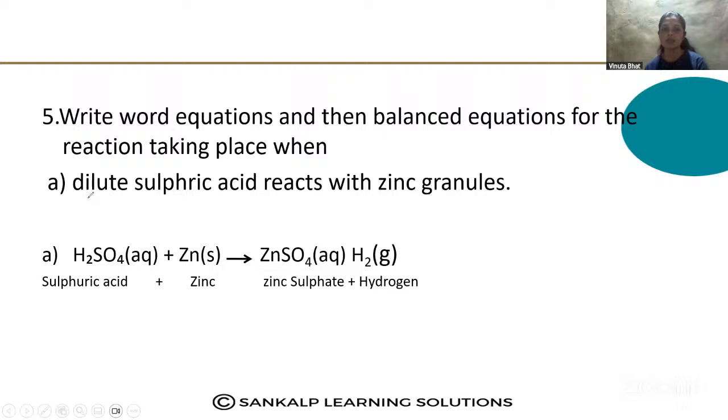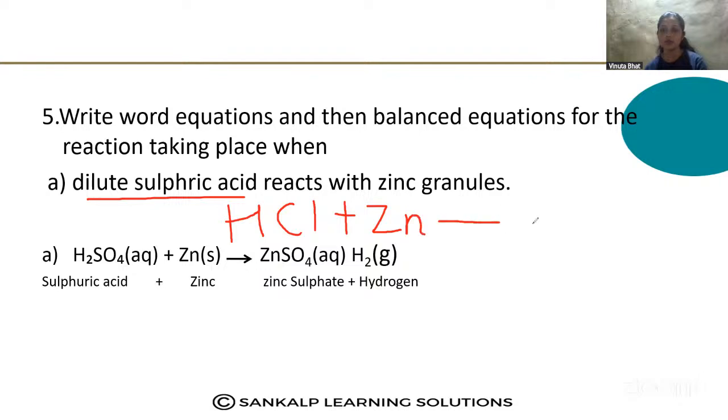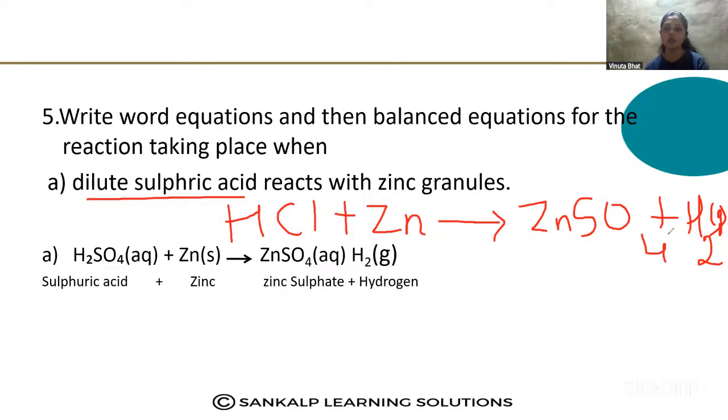Dilute sulfuric acid reacts with the zinc granules, Zn, which forms zinc sulfate, ZnSO4, plus hydrogen gas is released, right? You have to balance this reaction.